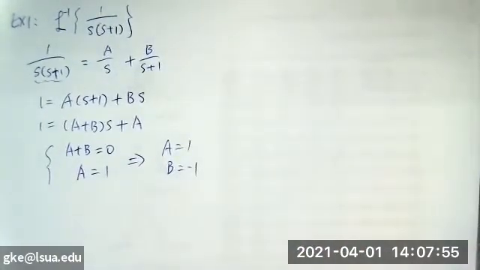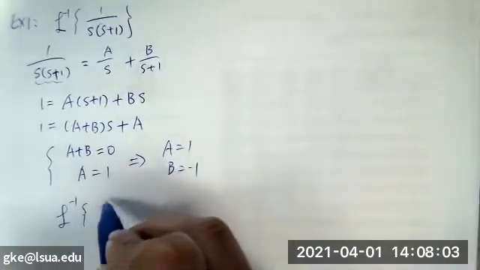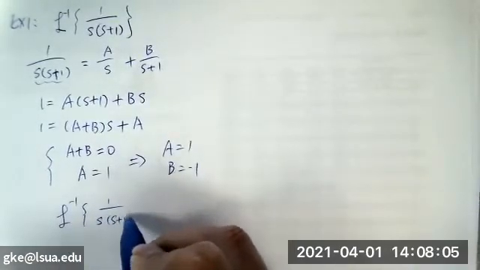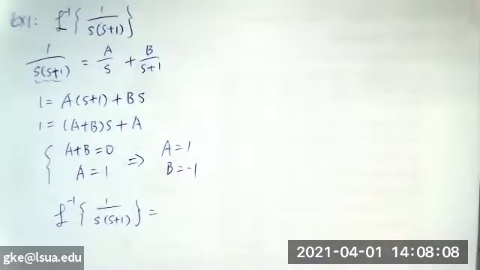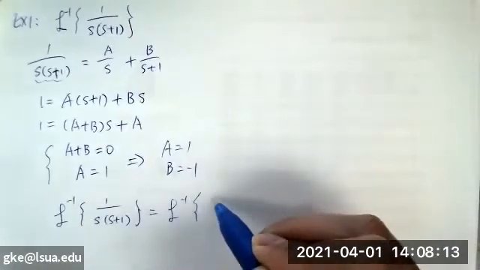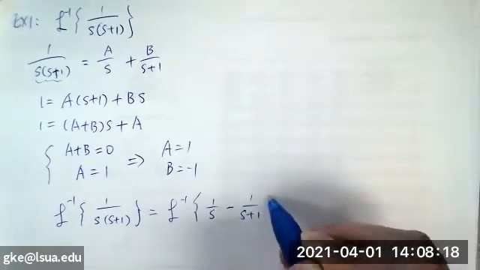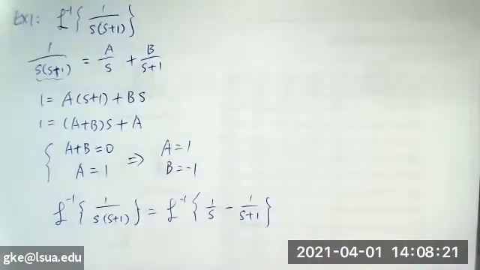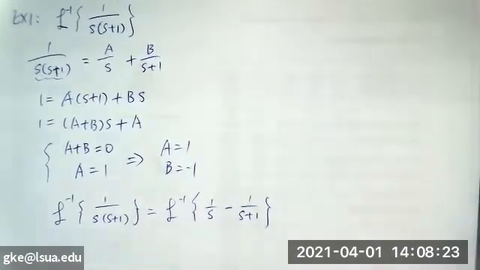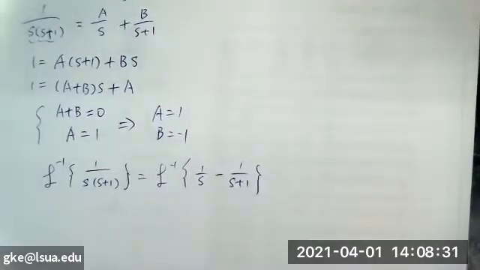Okay, and then we can tell the original inverse can be written as 1 over s minus 1 over s plus 1.